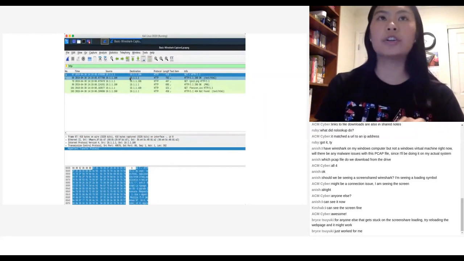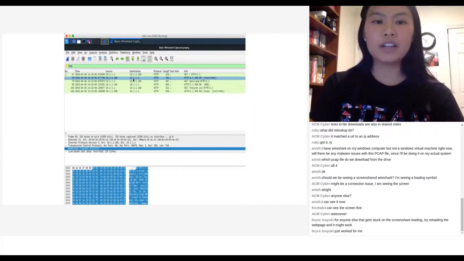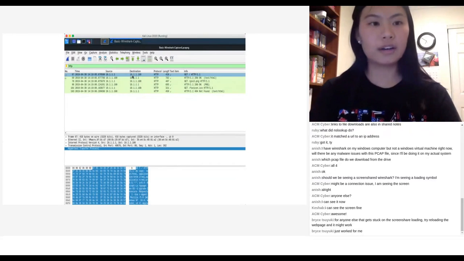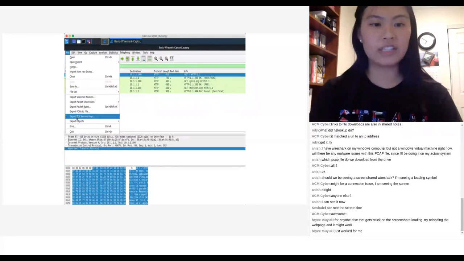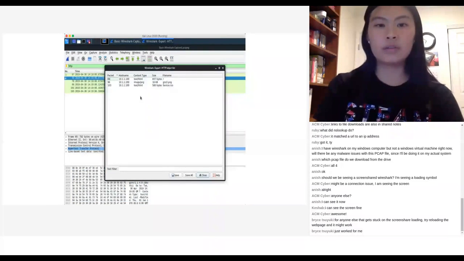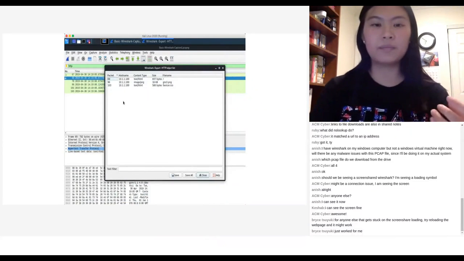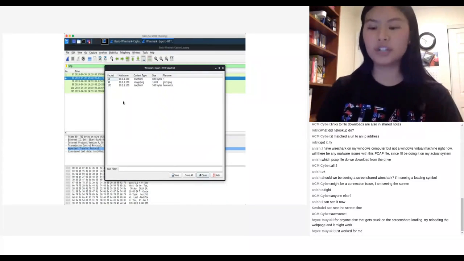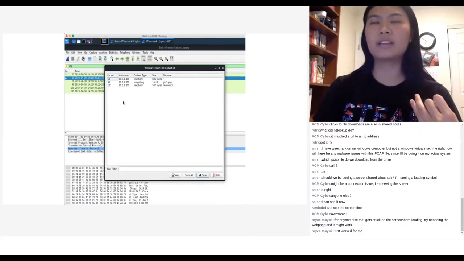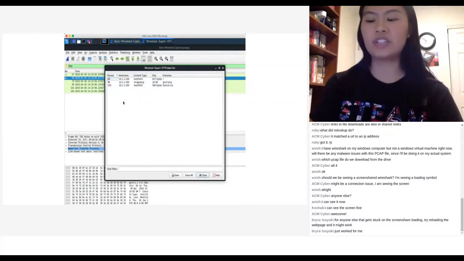I was talking earlier, someone asked if it was dangerous downloading it, but Wireshark has this cool feature where if you click file and then export objects, and you click HTTP, it'll give you literally everything, objects such as pictures, I think videos, maybe web pages, from the HTML that you traverse.